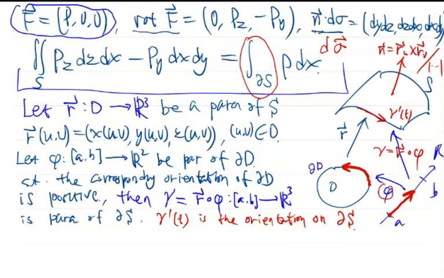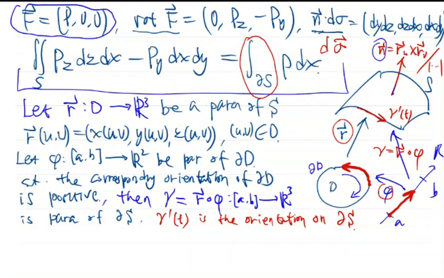If you fix R unchanged, but take another parametrization of the boundary of D oriented the other way, then the corresponding orientation on the boundary of S reverses. That is not the orientation induced by the chosen normal vector of S.